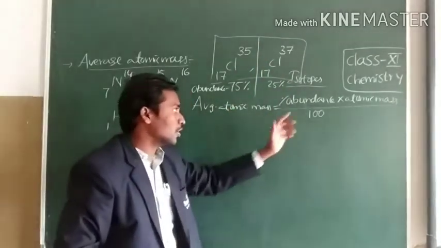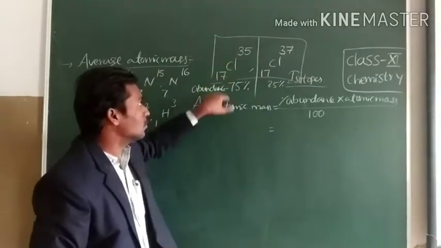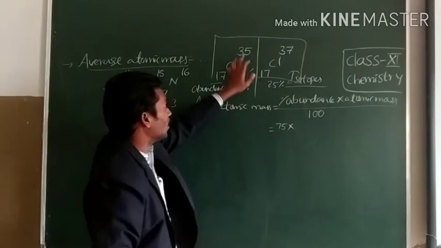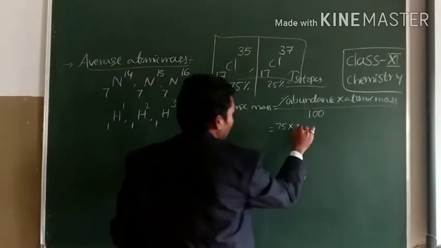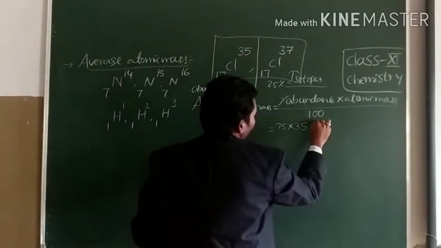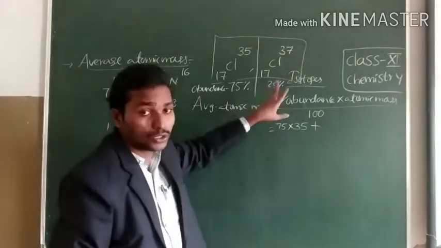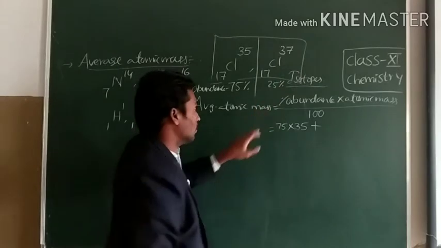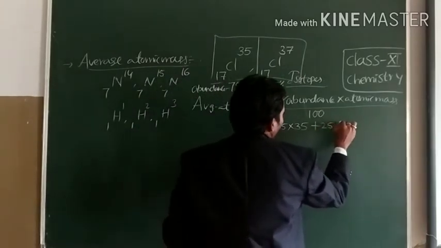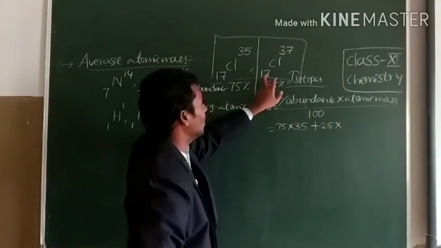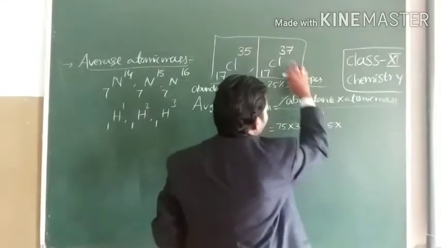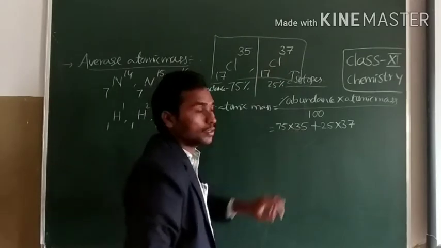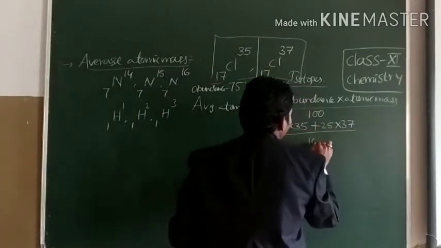Substitute the values in the formula: 75 into 35 plus, because it contains two isotopes, 25 into 37, divided by 100.